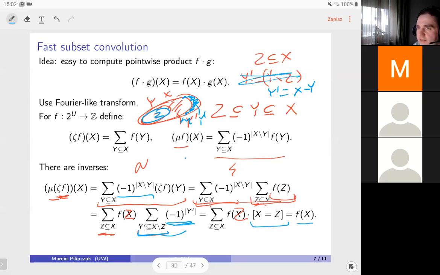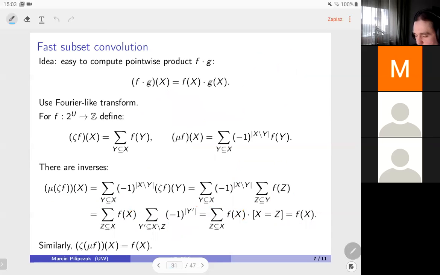So we have defined some transforms, but are they really useful? I wouldn't present them if they weren't useful. They're somewhat related to the cover product. I mean, you're covering something and now you're summing over subsets. That seems like something related. So let's check it.